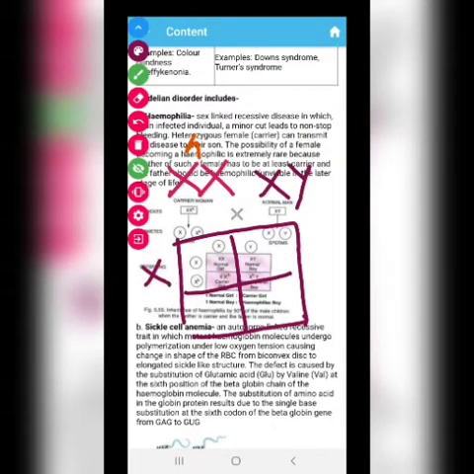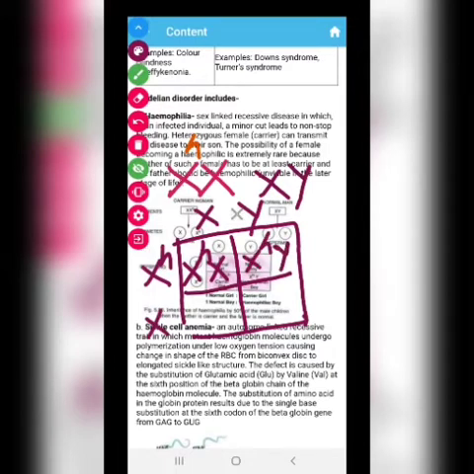This is the female who is producing one defective X chromosome and one proper normal X chromosome, and the male is producing two kinds of sperm, one is X and one is Y. One hemophilic X meets with the X of the male and produces a carrier female, and the other hemophilic X with Y produces a son who is diseased.